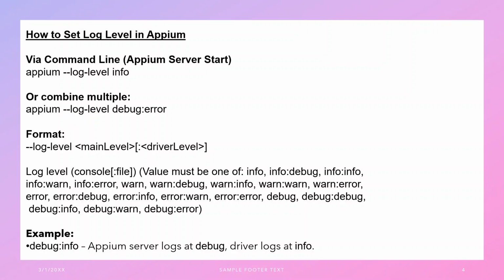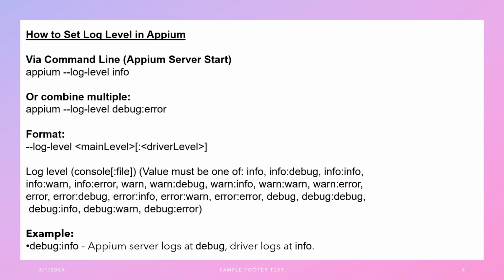Here I mentioned combinations: debug colon error, info colon error, info colon debug. You can see the valid combinations here. For each and every log level we have a combination we can use. So why would you want to use a combination?